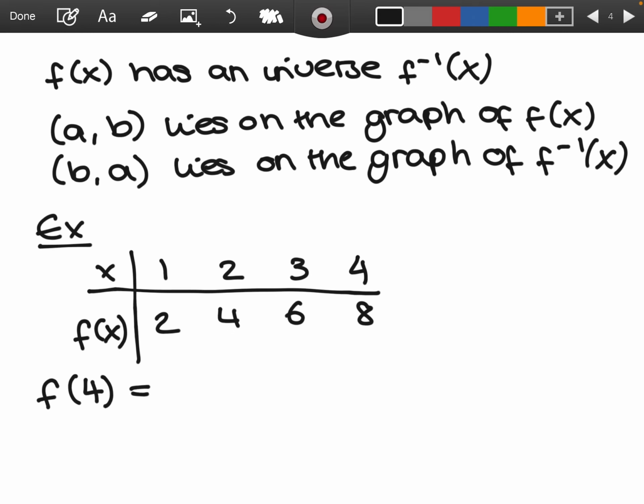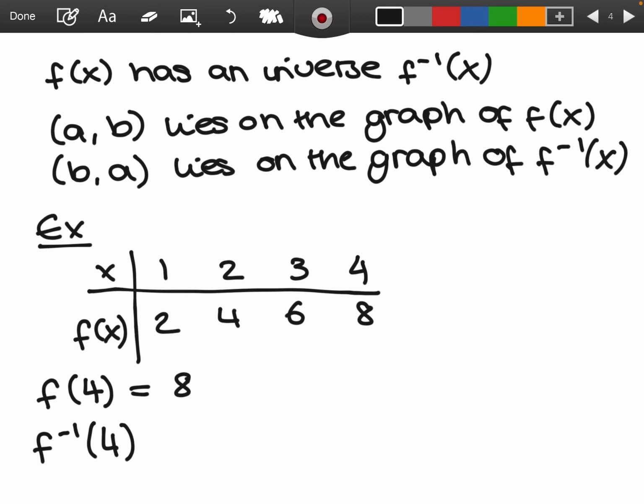If I'm asked to find f at 4, so we are evaluating our function at the point x is equal to 4, I can see from my table that that equals 8. But what happens if I'm asked for f inverse of 4? Okay, I go to where f of x is equal to 4 and I find the particular x value.